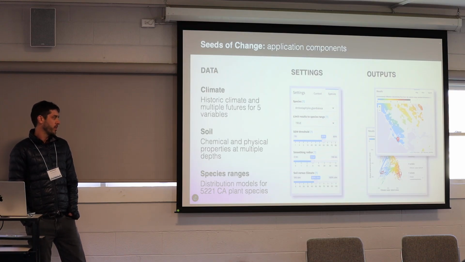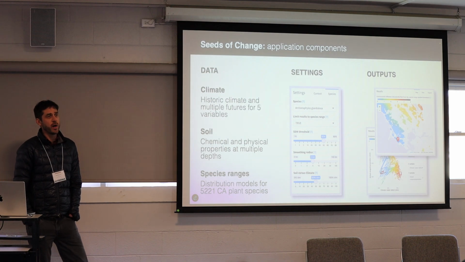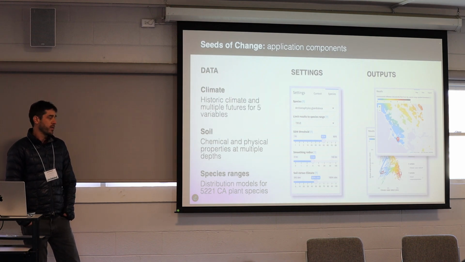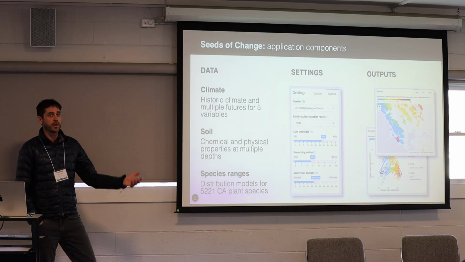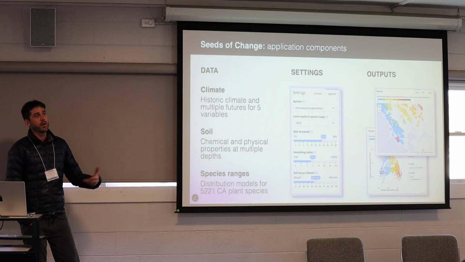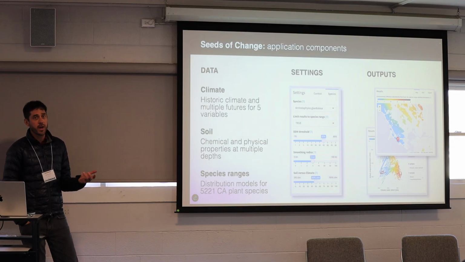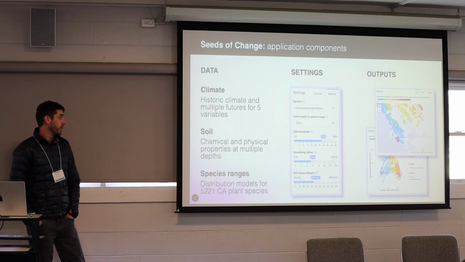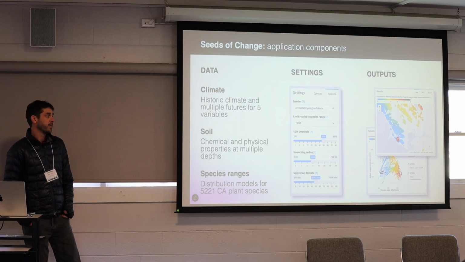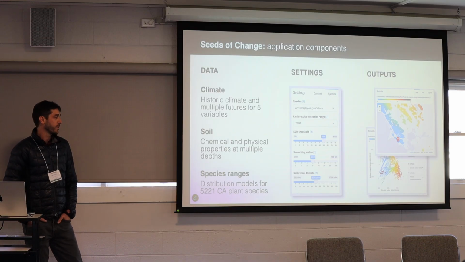And then finally, it's also built on top of species distribution models for more than 5,000 native California plant species. We're not using the distribution models to try and predict climate change vulnerability. They are useful, though, as estimates of the current range of most vascular plant species across the state, which helps to narrow the search space for looking at different populations across the state.